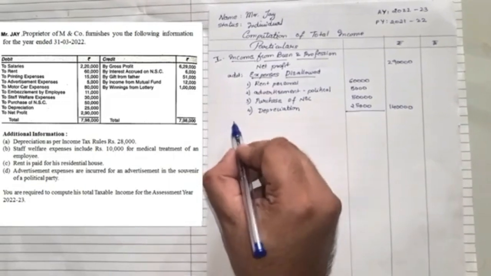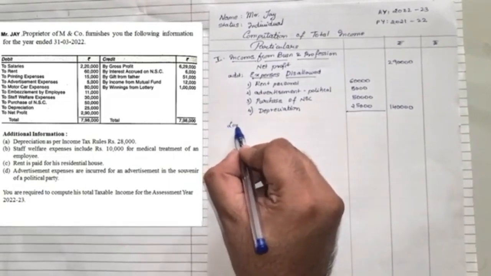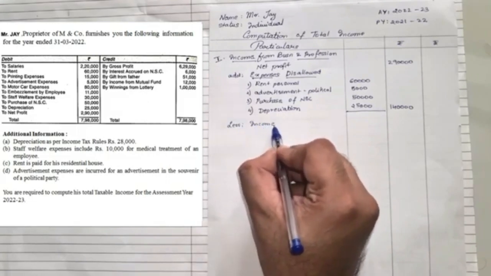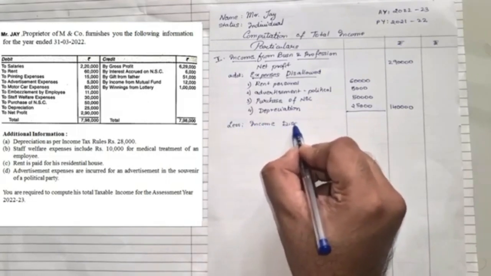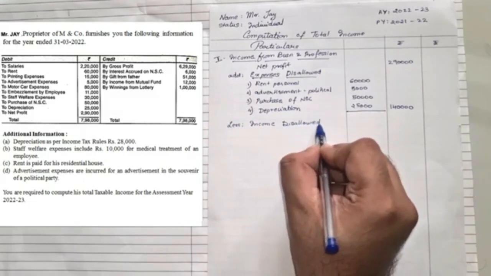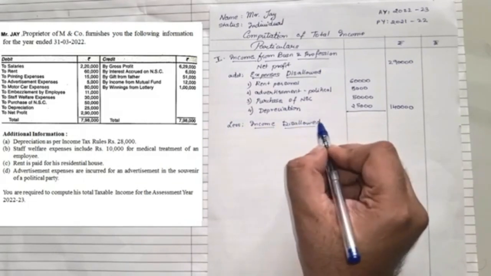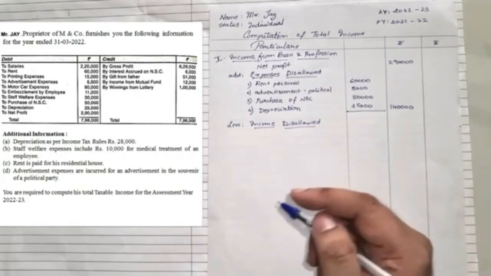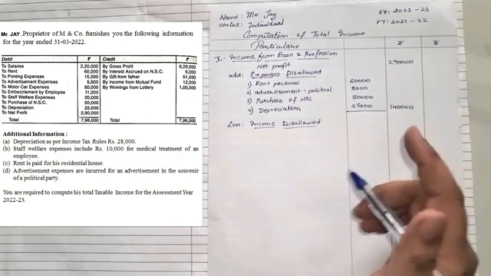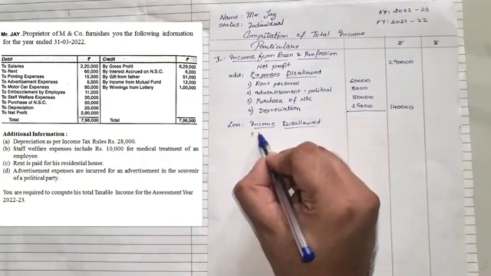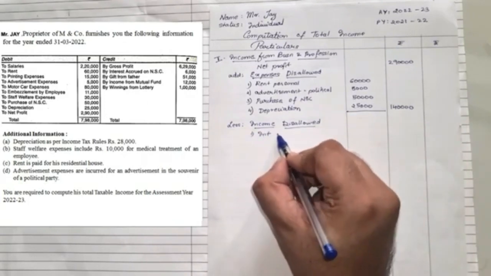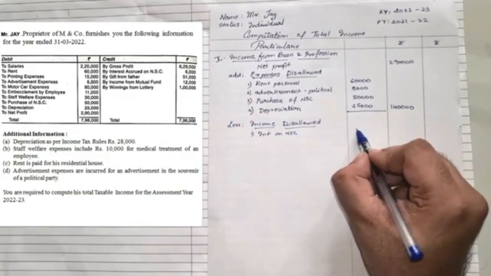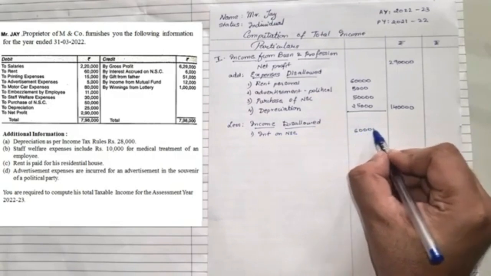After we have noted on add, the next thing will be less, under which we have to note down all the income which are disallowed. Now income which are disallowed meaning all those income which are not business related income. So on the buy side we can see that GP, that is a business related, won't come. Interest on NSE, so yes, that is not business related. So interest on NSE amount is 6,000.